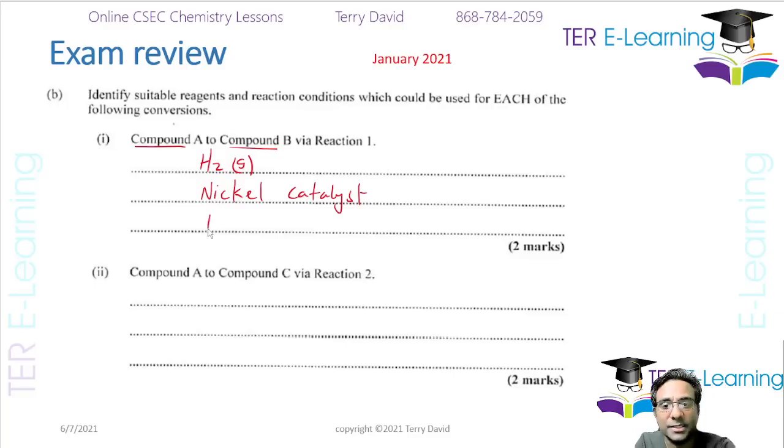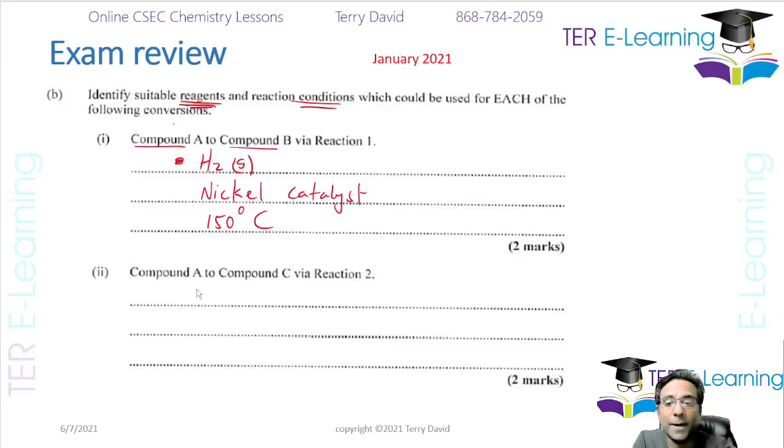Some of you might put 170, 180, they still give you the mark. When they say suitable reagent and conditions, my reagent is hydrogen gas, and I need a nickel catalyst and a temperature of 150 degrees. That's what they want for the answer there.